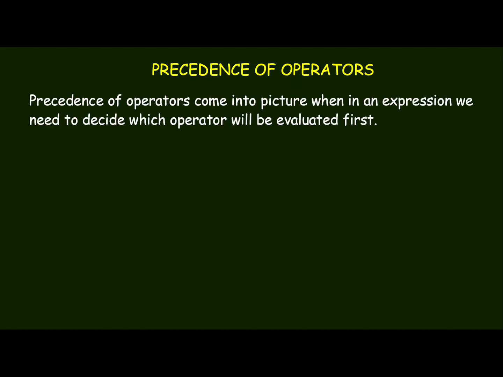Precedence of operators. Precedence of operators comes into the picture when in an expression we need to decide which operator will be evaluated first. Example, this is our expression: 2 plus 3 multiplying 5.